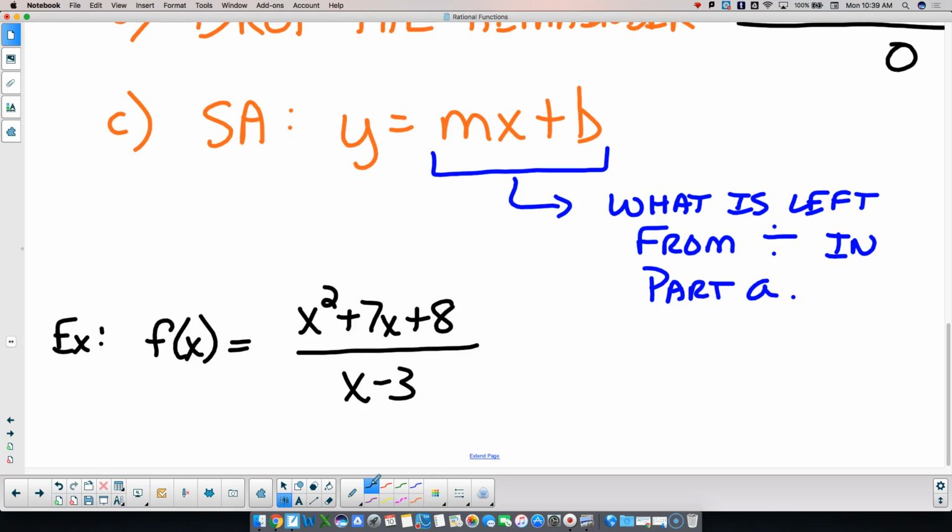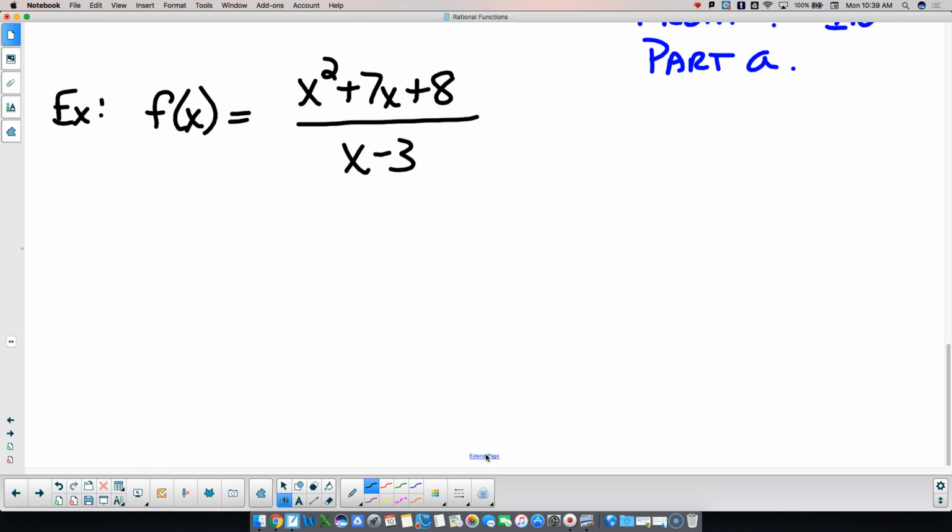So there is no horizontal asymptote. I can't have a horizontal and a slant asymptote. It's one or the other. So there's no horizontal asymptote, but there is a slant asymptote. So let's find it. My choices are, I could set x minus 3 equal to 0 and get 3.